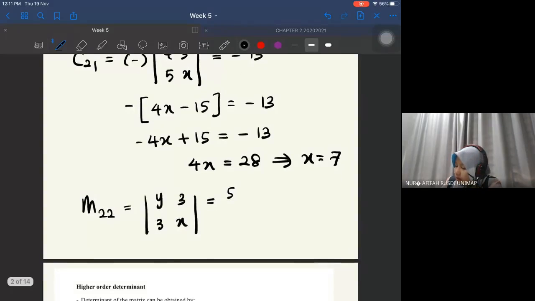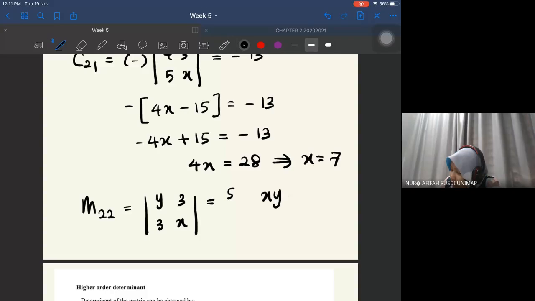Okay. So if you find the determinant of this one, so xy minus 9 is equals to 5. So xy is equals to 14. So y is equals to 2. 14 divided by 7, so you will have 2.